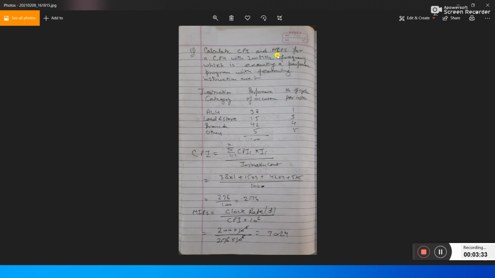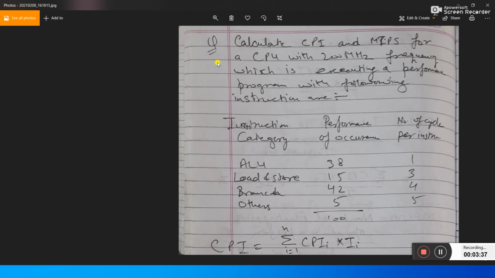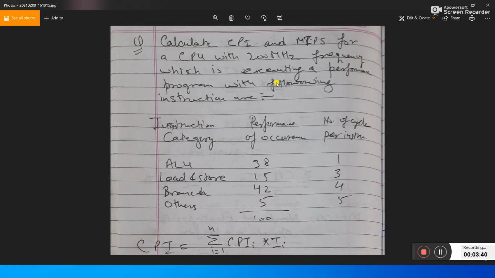Here is an example: calculate CPI and MIPS for a CPU with 200 megahertz frequency, executing a program with the following instruction categories.